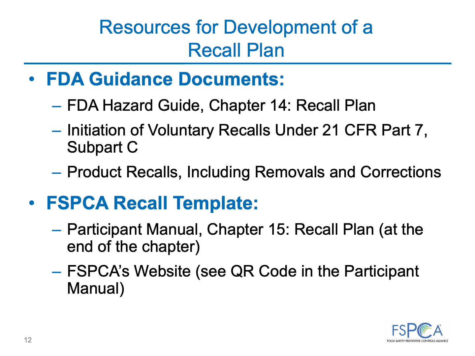Another document from the FDA provides guidance and recommendations to FDA-regulated industry about what information companies should provide to the FDA and how they should notify their customers about product recalls.